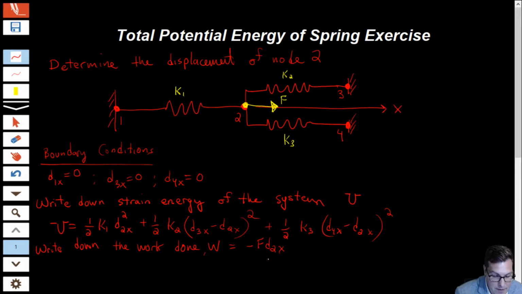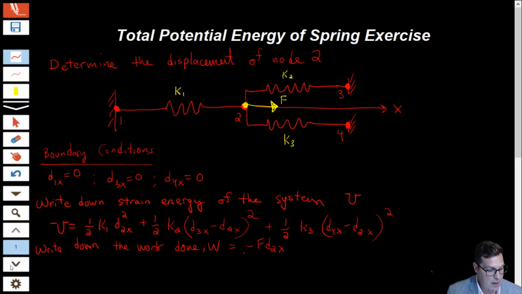We give that a negative value because that's going to be pushing the opposite way of the strain energy. So it's meant to balance that out, right? So you can think about it coming into the system as negative in this case. But we want these things to equilibrate each other. Okay, so we would add those up to get the total potential energy, right? So it'd be U plus W, and that would have a negative sign with a negative F.